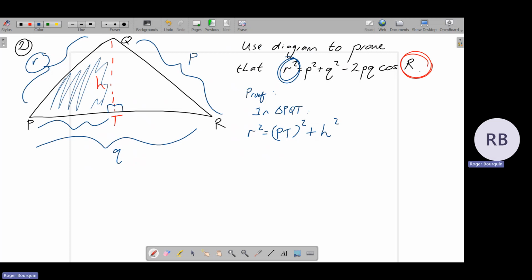And then I do this thing over here, where I say that PT is equal to, I need to get Q into the sum, so it's equal to the whole of Q minus TR.